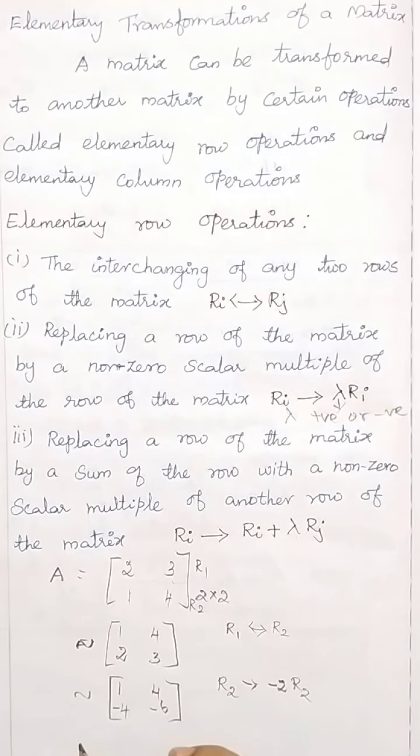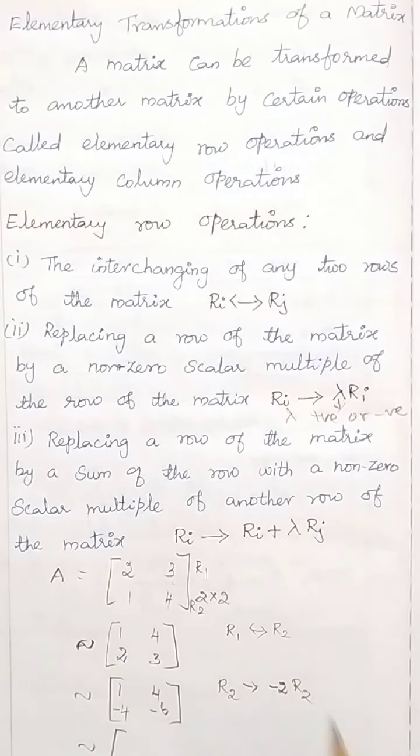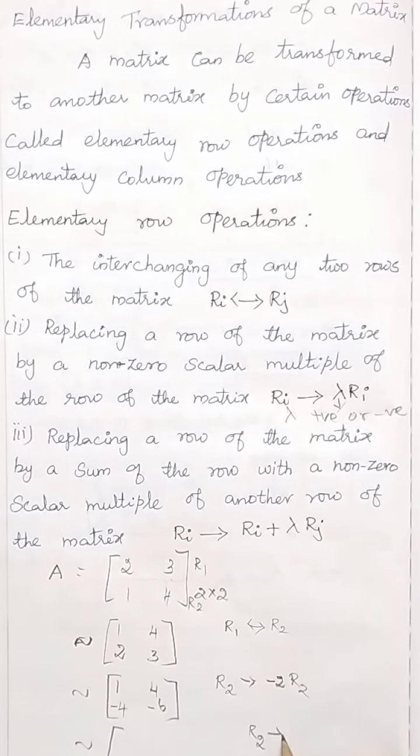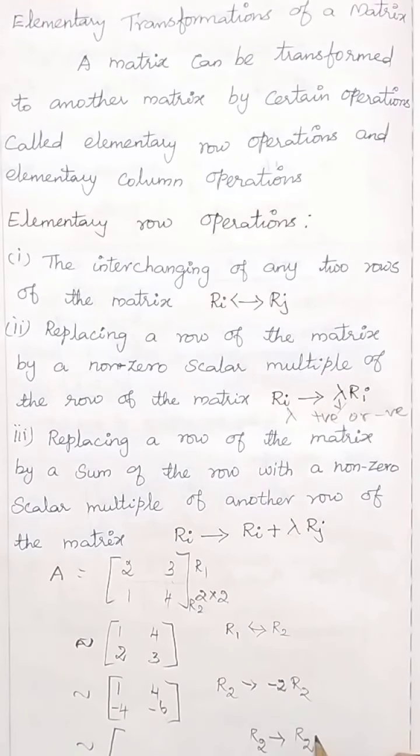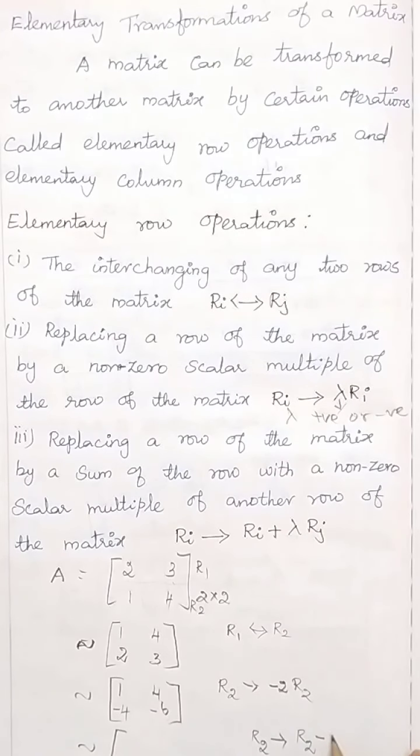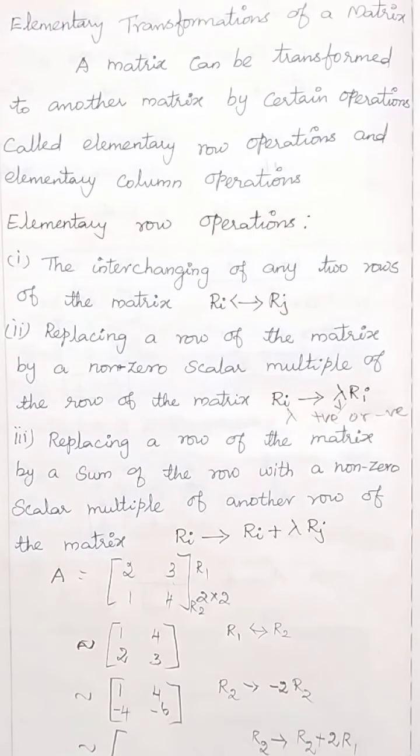Next, I use the third operation. Now also I consider the second row. So second row changed to second row minus 2 into, or plus 2 into R1.